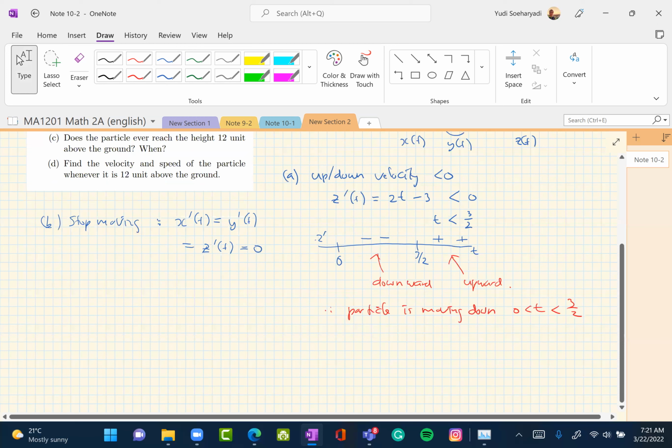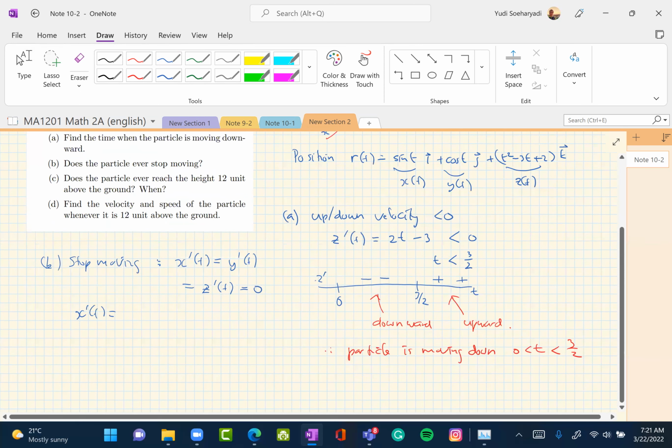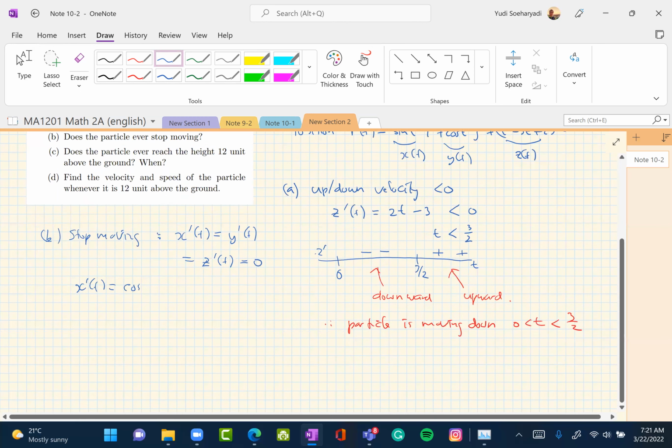Okay, so let's check here. x prime: x is sine, so it becomes cosine. And y prime is sine t. So sine and cosine t. Here z prime is 0 at 3 halves.